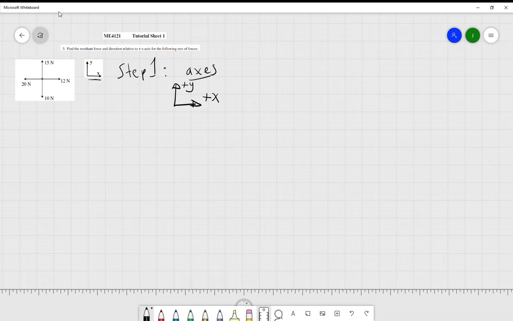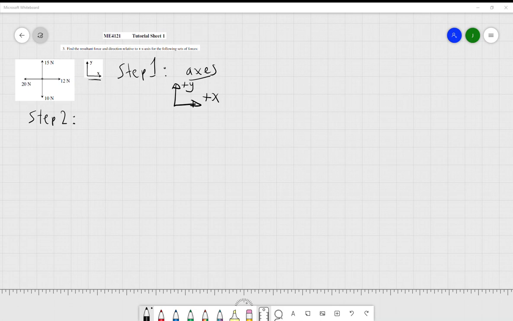So for the trig method, the second step then is dividing things up into the two directions. What do I mean by two directions? The x and the y. You'll see this is a relatively easy question, because the forces are not in odd directions.